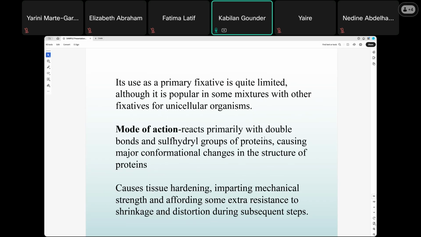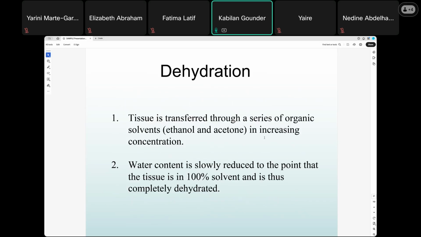So that is an important point to note: here the osmium tetroxide not only fixes the samples but also hardens the samples. When you take sections, it gives you the mechanical support. So that's the advantage of osmium tetroxide.